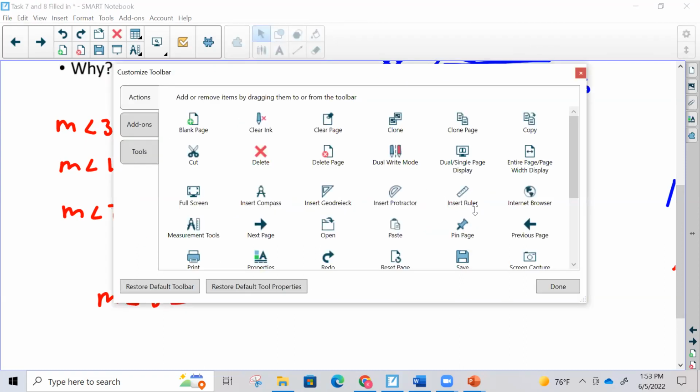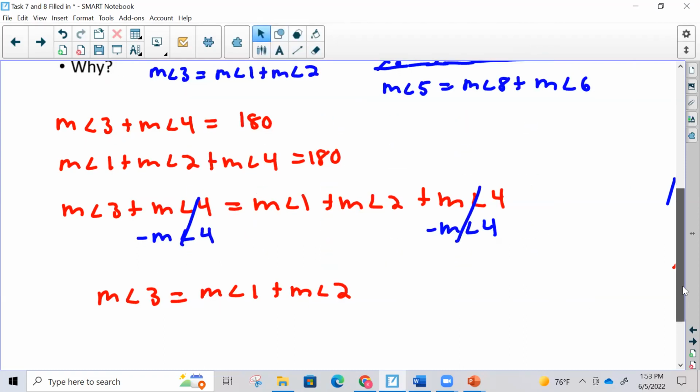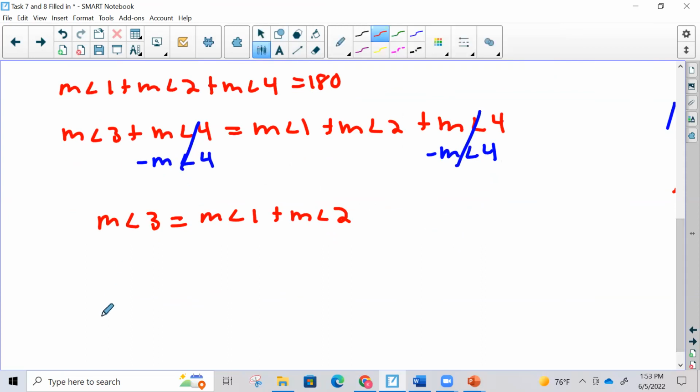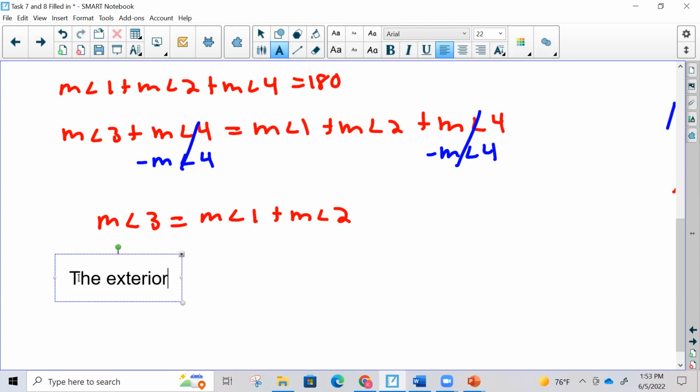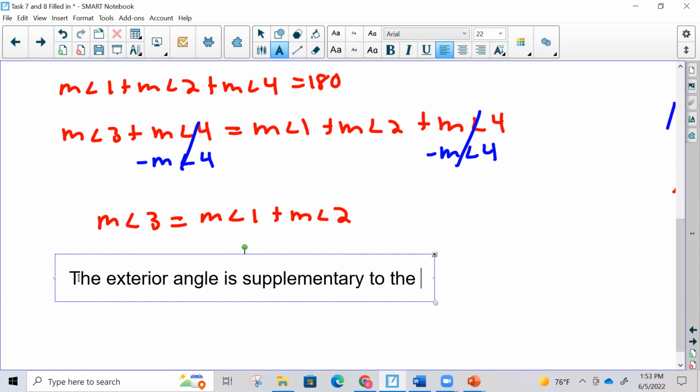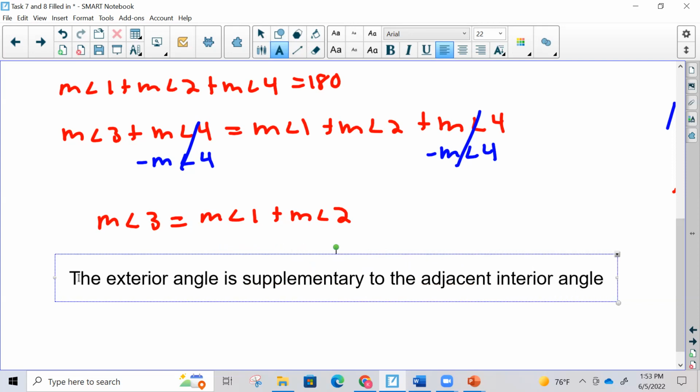And if you want to say it in words, you can say that the exterior angle is supplementary to the adjacent interior angle. Remember, adjacent means right next to each other. It shares a side and a vertex.